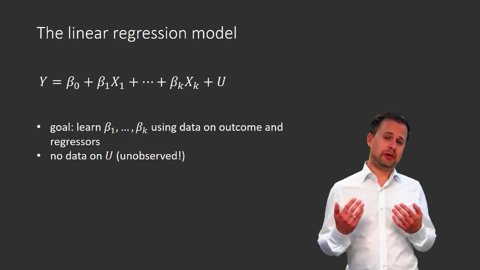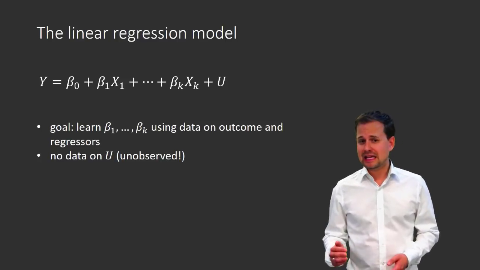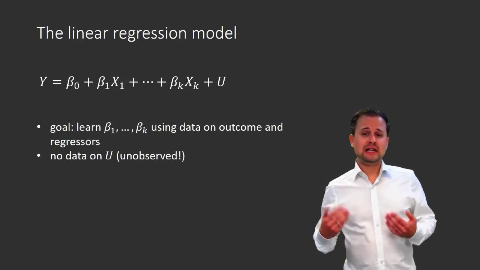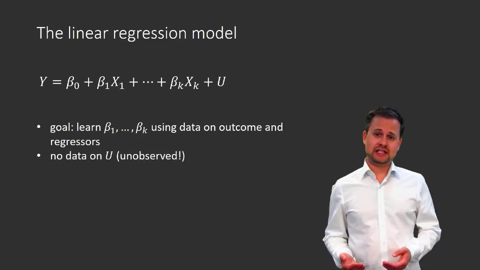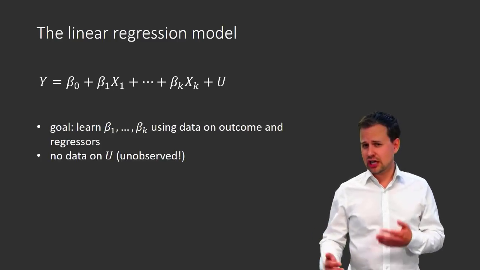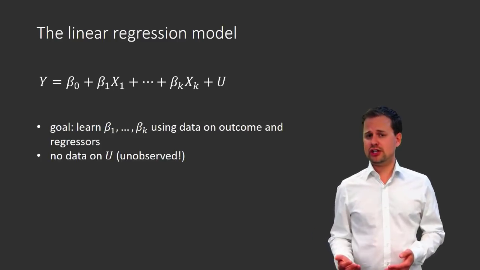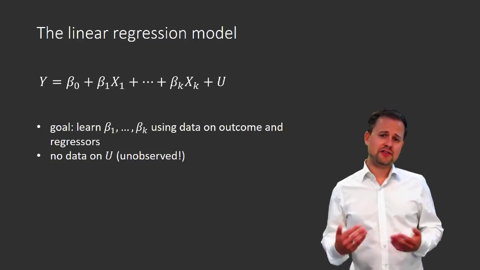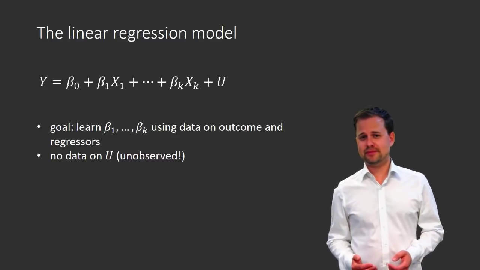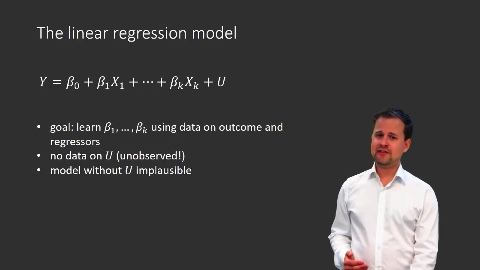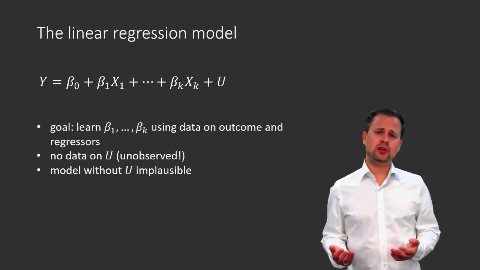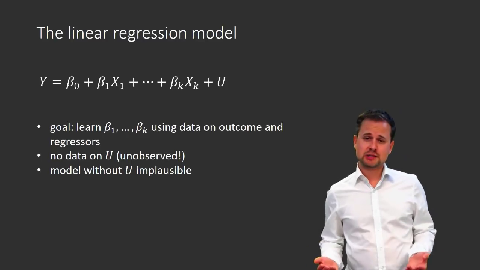And sure, prior training is important. But it also matters how well rested the student is on the day of the exam, what kind of study strategy they chose, and what kind of topics the teacher puts on the exam. So the reason we have U is that without U, the model is just implausible.